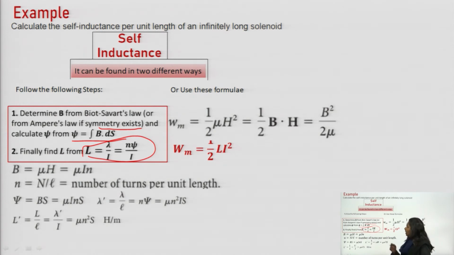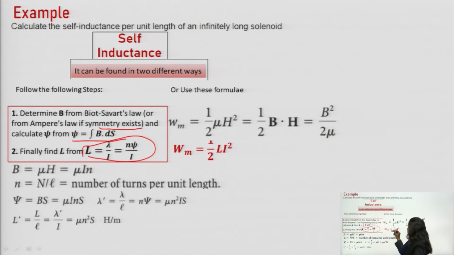Alternatively, other techniques are also there. In the second method, we know that the magnetic energy density is equal to half mu h square or half b dot h or b square by 2 mu. And we also know that the energy stored in an inductor is equal to half L i square.